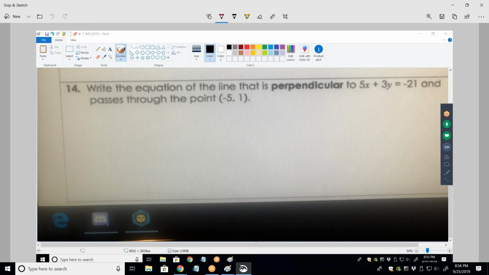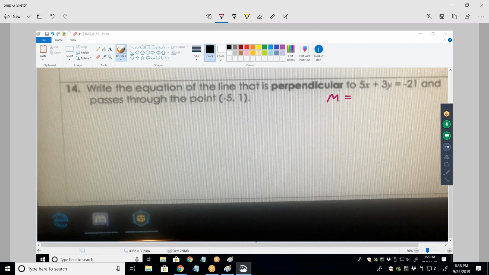What's the slope of this equation? In other words, what's m? By now you should realize that you don't actually have to solve this for y, because that minus 21 doesn't have anything to do with what m is. All you have to do is get the 5x on the other side and divide by 3, and that's the slope of this.